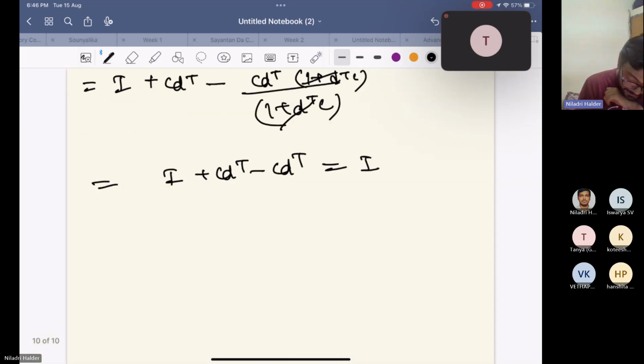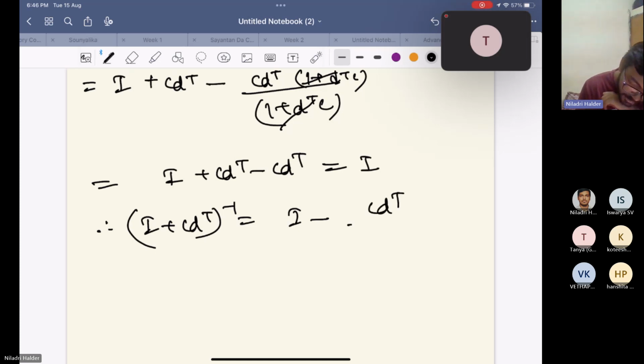That means I plus C D transpose inverse can also be written as I minus C D transpose divided by 1 plus D transpose C.